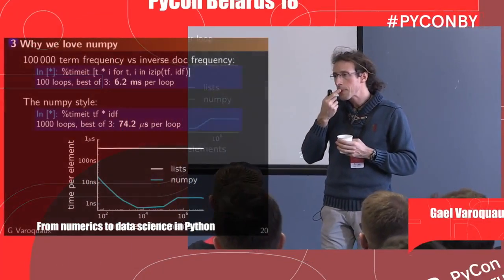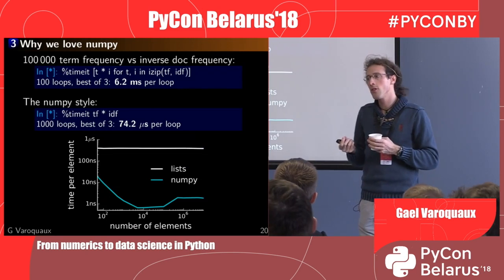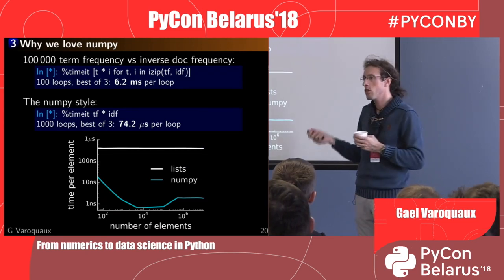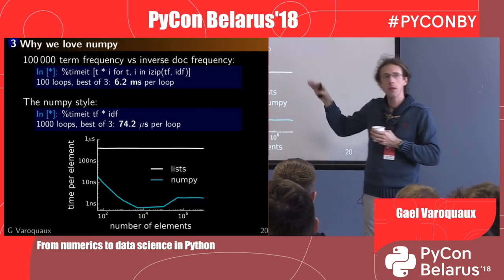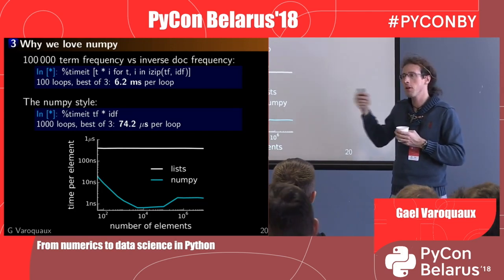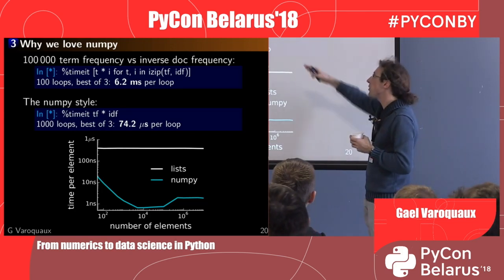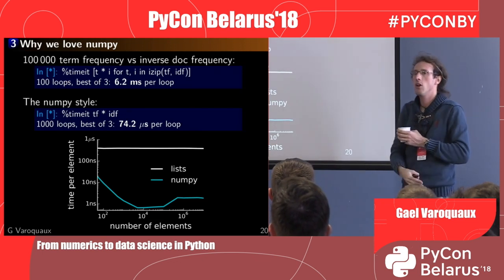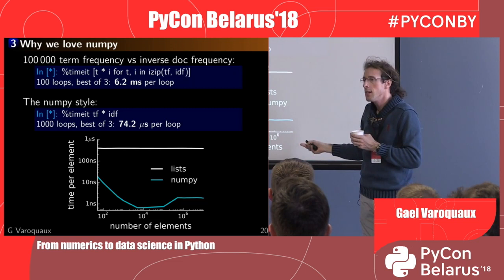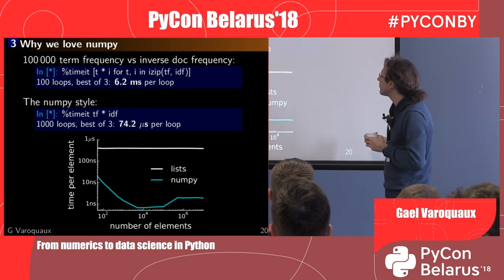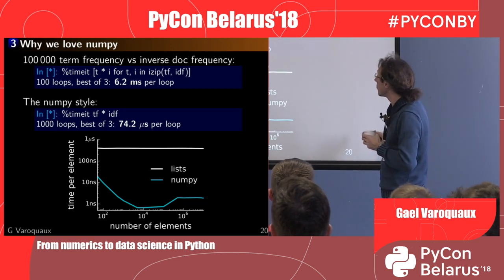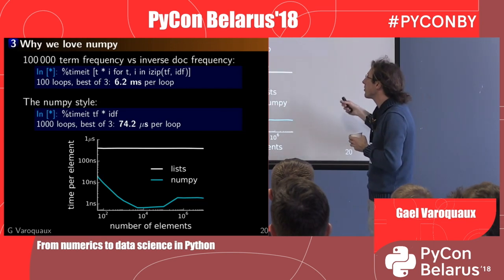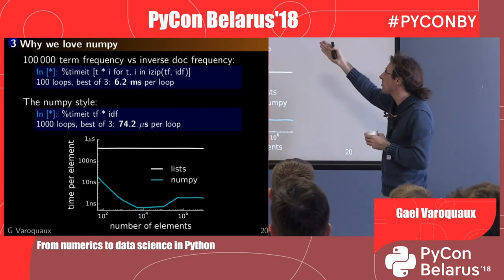So the core of numerical computing in Python is a library called NumPy. Let me show you a bit why people in numerical computing love it. Suppose we want to capture the term frequency versus the inverse document frequency across many, many documents. For this, we're going to need to multiply the two numbers.